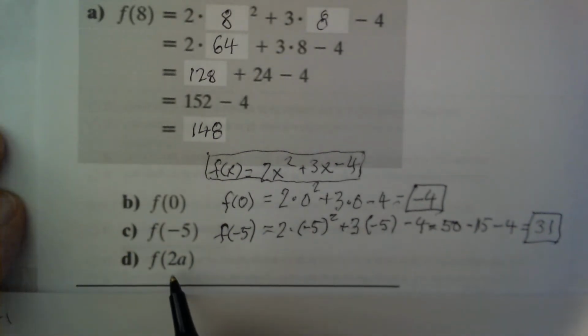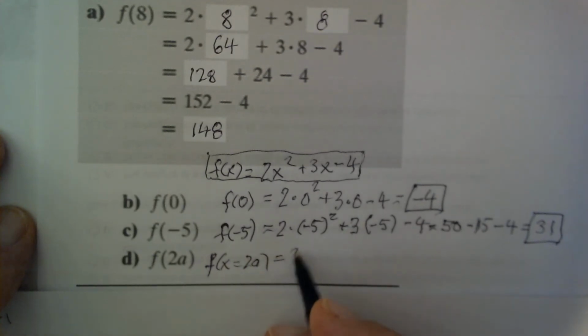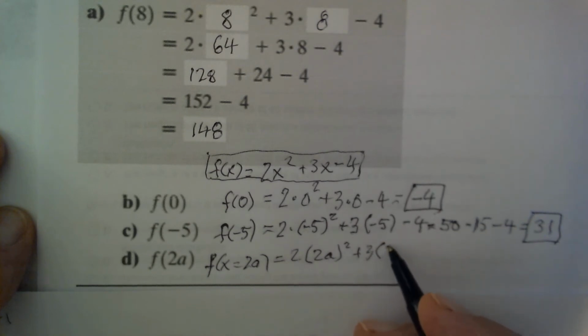Now the last part, the D part, may look a little confusing. What is f of 2a? Well, remember what it means. It means we replace x with 2a. That's all it means. So it'd be 2 times 2a squared plus 3 times 2a minus 4.